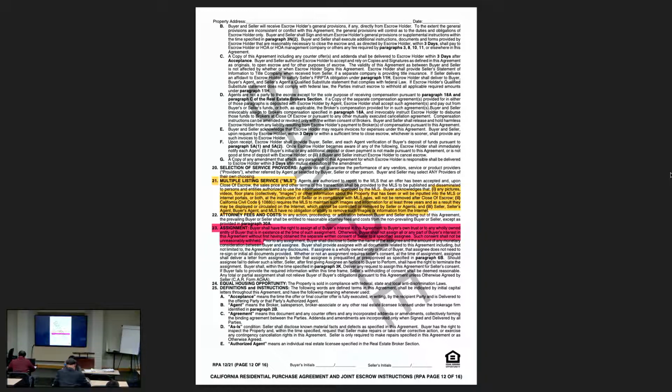California Civil Code 1088C requires the MLS to maintain such images and information for at least 3 years. As a result, they may be displayed or circulated on the internet, which cannot be controlled or removed by seller or agents. And seller, seller's agents, buyer's agent, and MLS have no obligation or ability to remove such images or information from the internet. Case closed. No more of that BS that comes up with buyers.